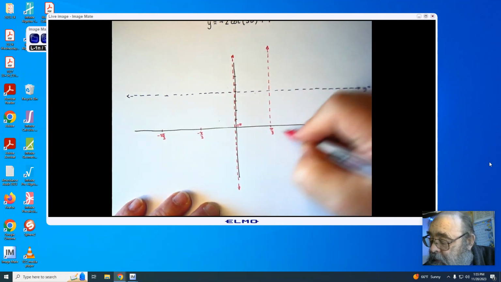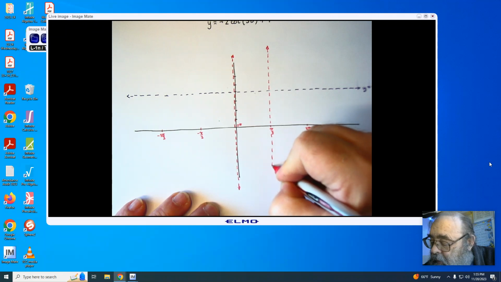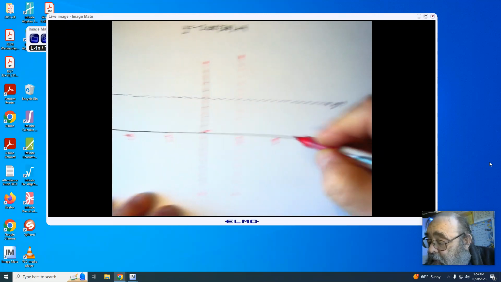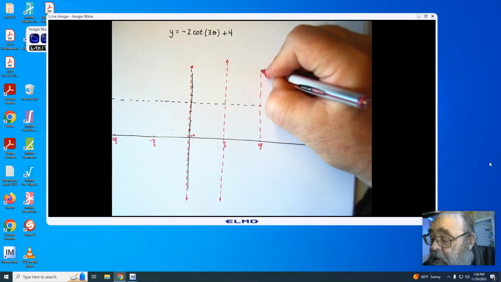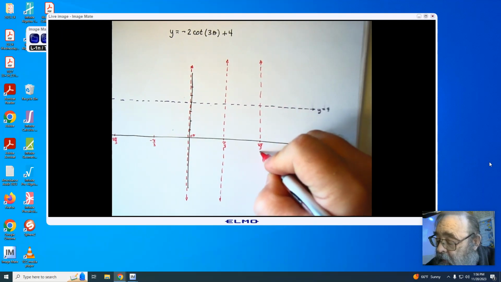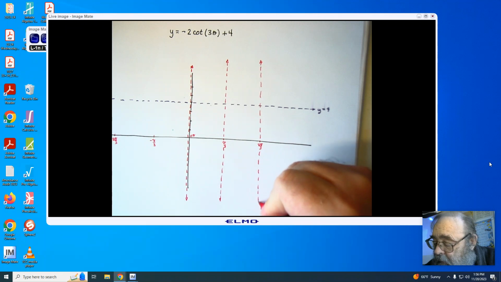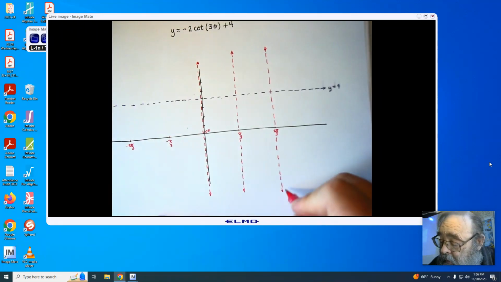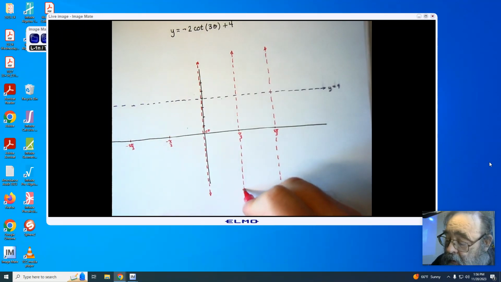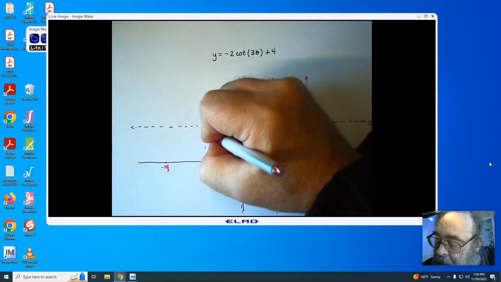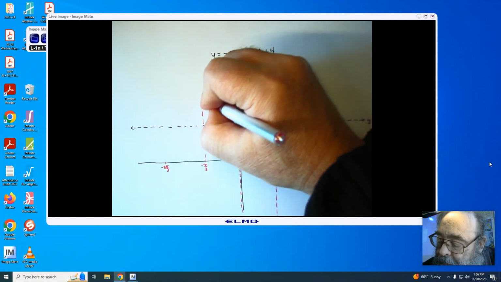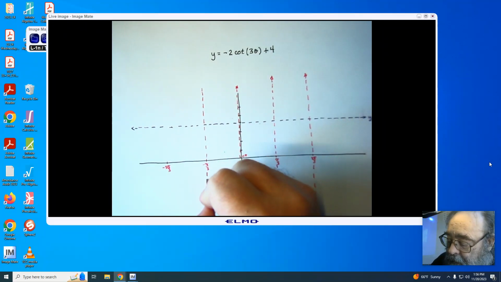Going up, going down, going up, going down, up, going down.